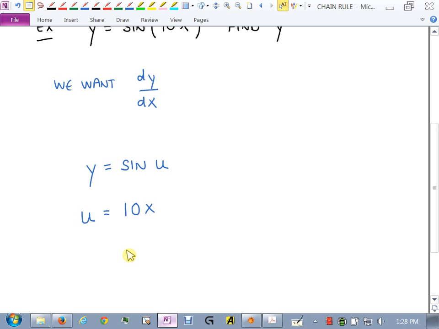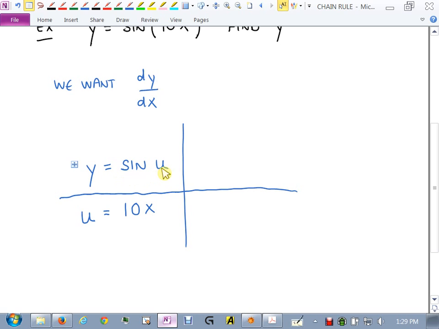Okay, now I'm going to construct out of this a table. And on the right side of the table, I'm going to take derivatives. The first one I take is I'm going to look at this right here, and I'm going to find the derivative of this. So I'm going to be finding the derivative of y.